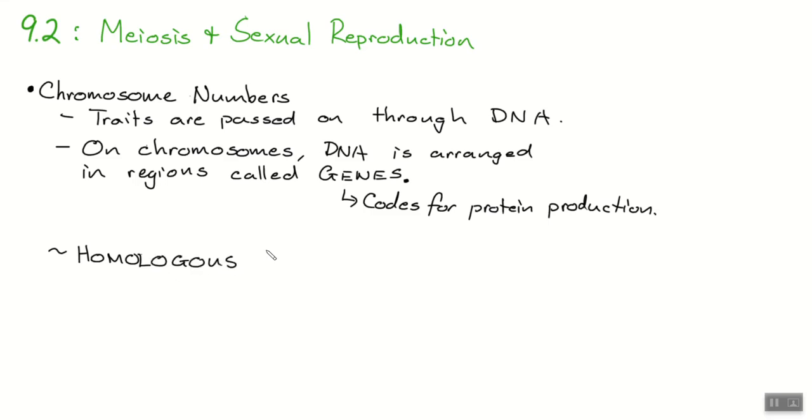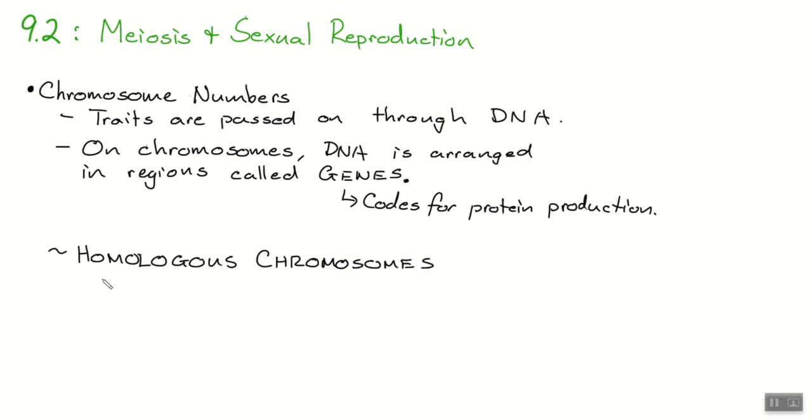Okay, we're going to talk about homologous chromosomes. With what we just discussed about that root word homo, what is true about these chromosomes? They're the same. Now, these are just a pair of chromosomes with one from each parent.